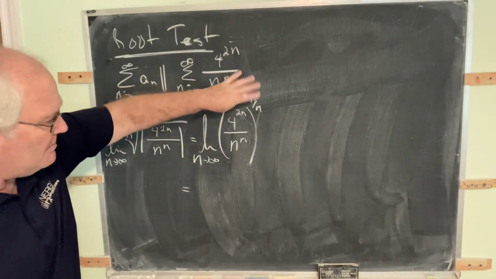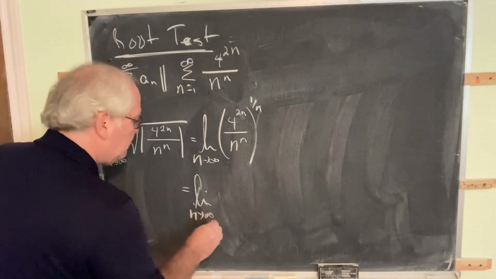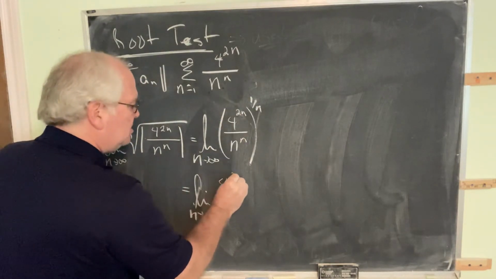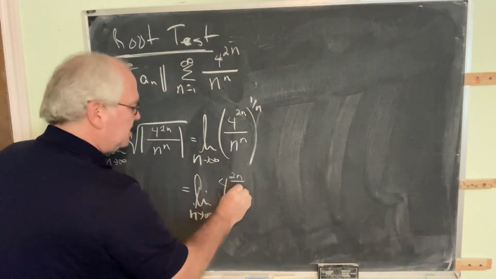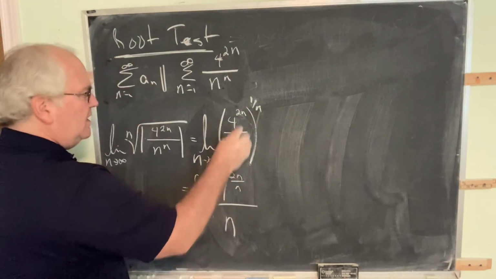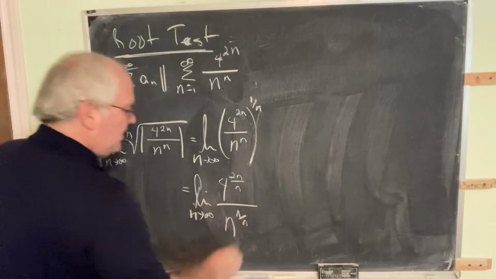So this becomes the limit of 4 raised to the top times top, which is 2n, bottom times bottom, which is just n, over n raised to the top times top, which is n, bottom times bottom, which is also n.